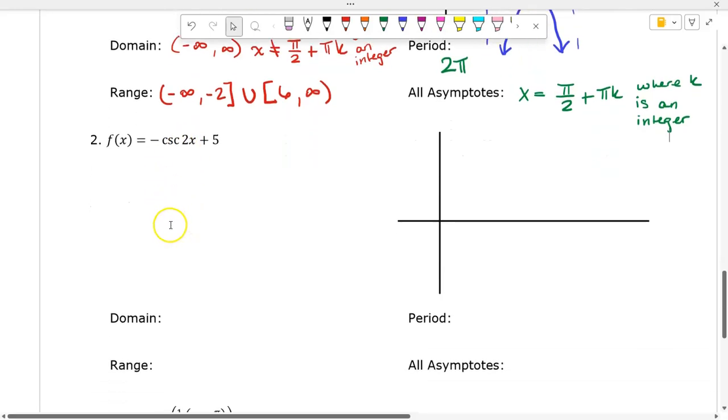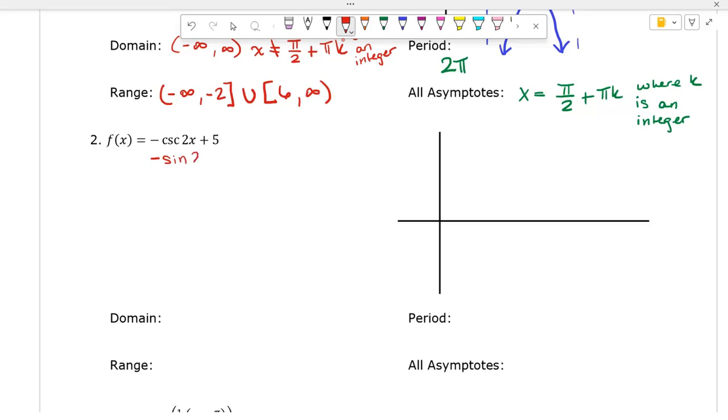Okay, so if I go ahead and consider all the things that I've got on this, again, I'm going to treat this as if it's negative sine 2x plus 5. So let's consider what this is doing. This 2 right here, that is a period change. That is a b value. That's within the trig function, and it's being multiplied.